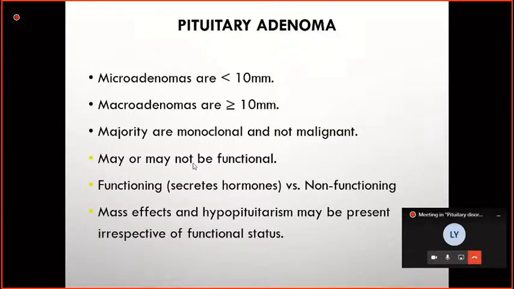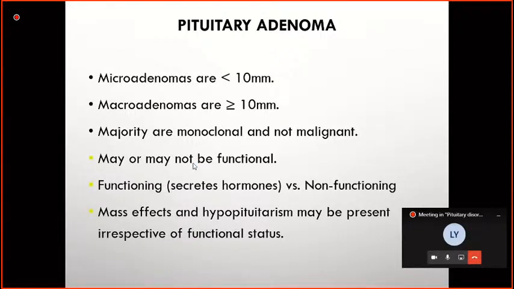So you can have compression from the mass, and you can have compression or dysfunction of the cells themselves. Your lactotroph dysfunction, your somatotroph dysfunction, your corticotroph dysfunction, because of the adenoma. So these are the general picture of pituitary adenoma.